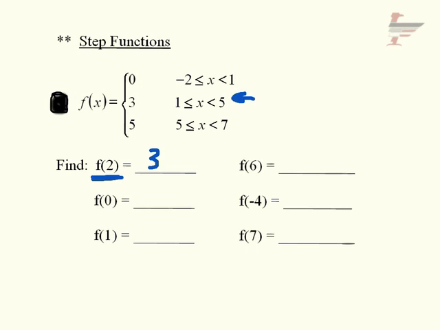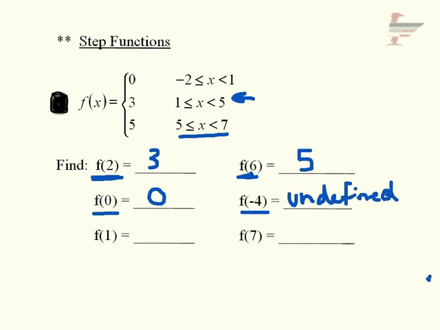The next one, f of 6, well, 6 falls in between 5 and 7, so the output is 5. 0 falls in between -2 and 1, so the output is 0. -4 is not in our domain set, so we say that is undefined. 1, notice here the big thing, 1 is less than or equal to x, so the output is 3.